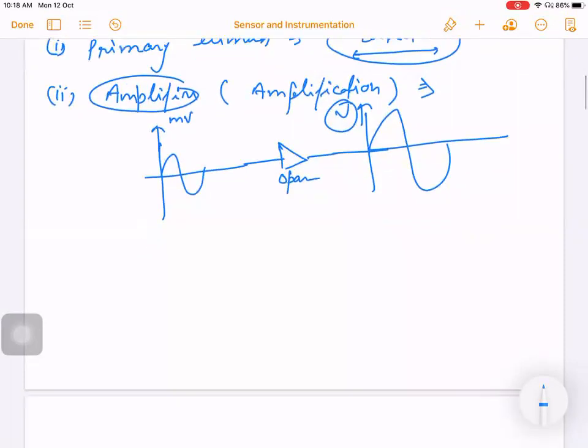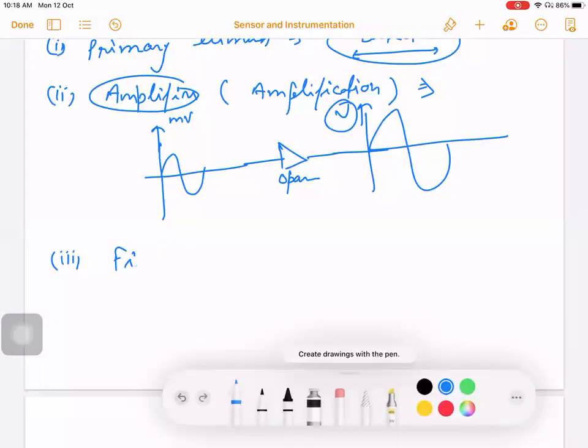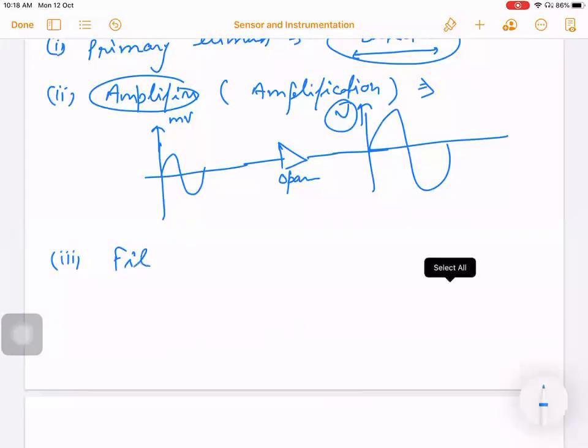Next one is filters. What are filters used for? I'm just writing the point, because we have already discussed these components.